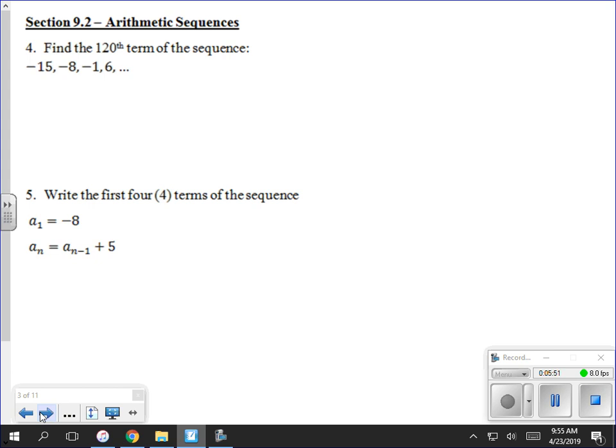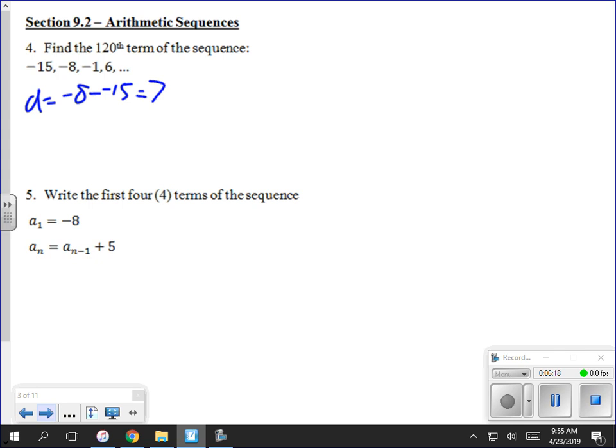Find the 120th term of the sequence. So that means I use this formula here. I need to know my first term, how many terms, which I know, and I need to figure out my difference. So to go from negative 15 to negative 8, my D, I take negative 8 minus negative 15, and I get 7.